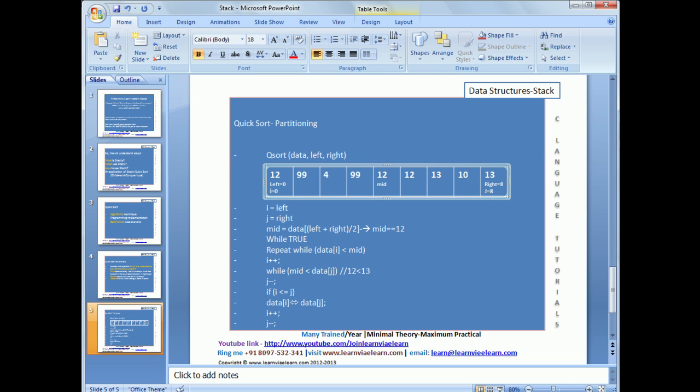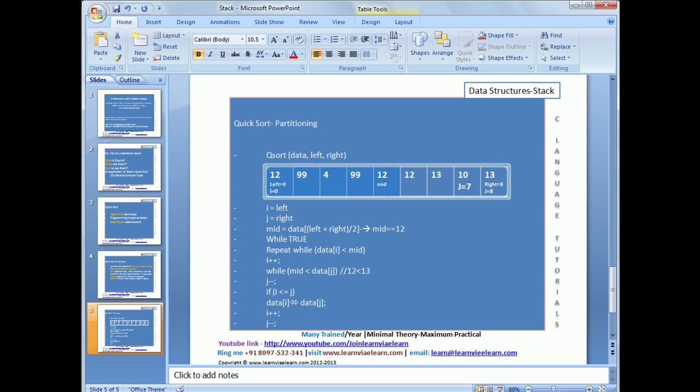Earlier it was j equal to 8, now it comes as j equal to 7. In this way we will move backward towards the mid part, and i will move forward towards the mid part.